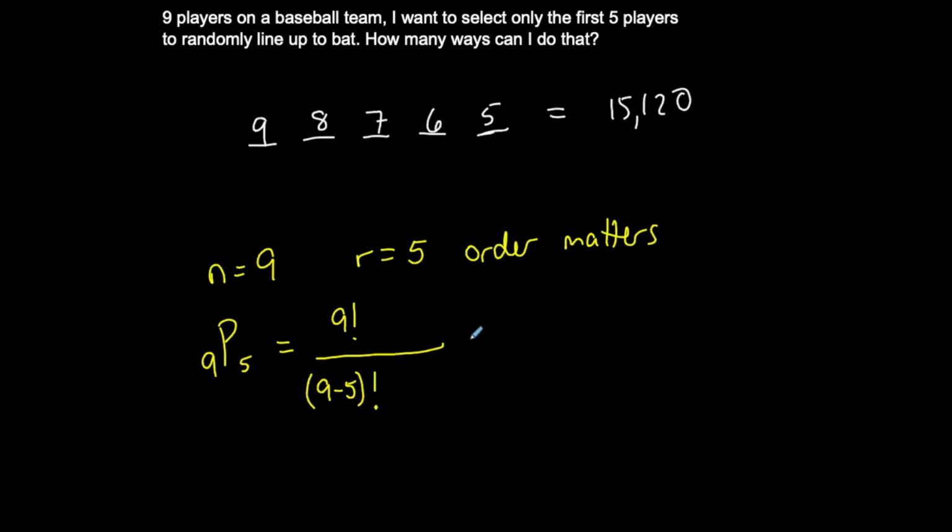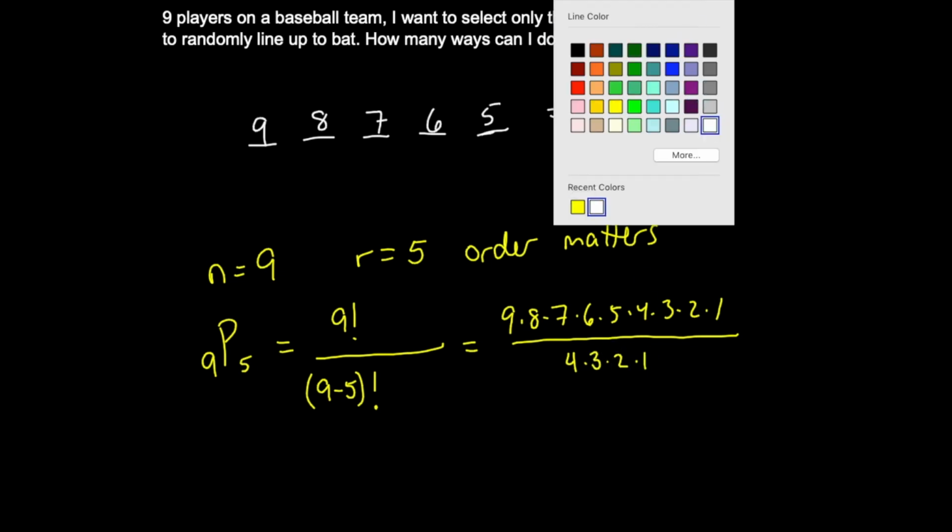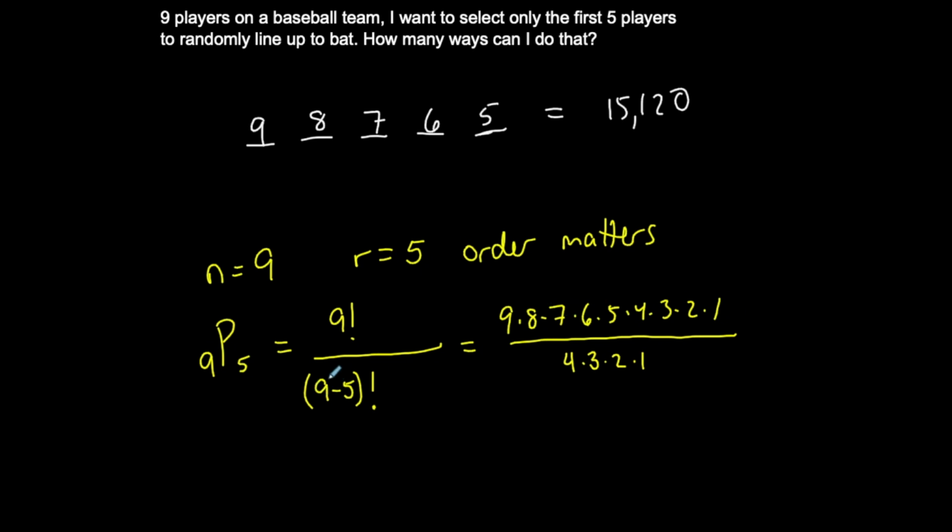Now, I'm going to show you how to use the formula. 9 factorial is 9 times 8 times 7 times 6 times 5 times 4 times 3 times 2. Sometimes you're asked to just simplify these kinds of things. 9 minus 5 is 4, and I'm doing 4 factorial, so that is 4 times 3 times 2 times 1, correct? If you remember fractions, you have multiplication on top, multiplication on the bottom.